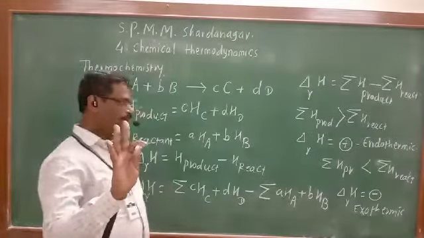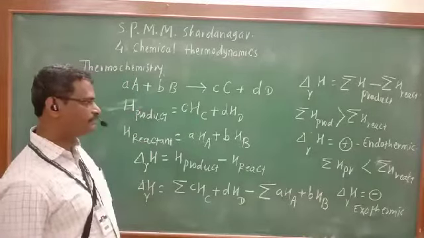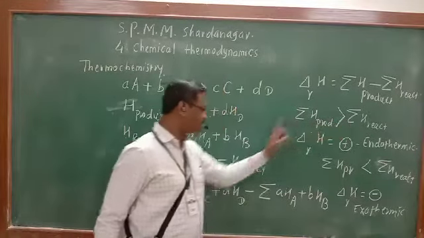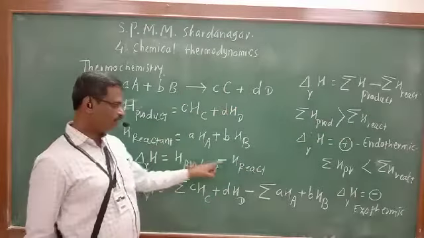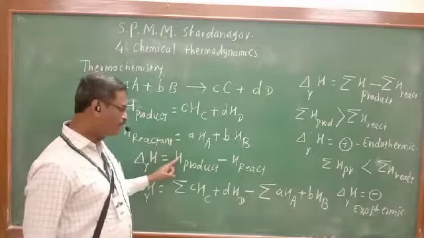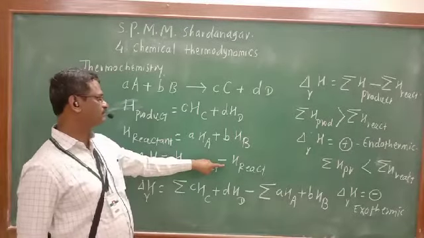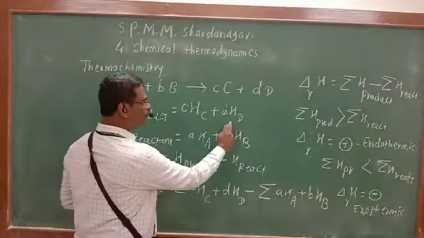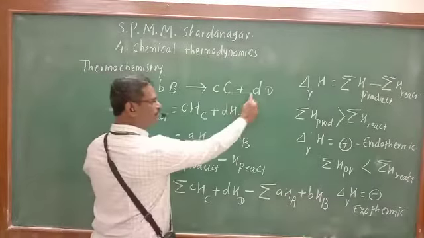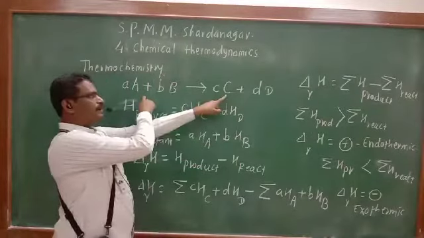So see here, for an endothermic reaction, the heat of reactant is less than product. Product minus reactant therefore comes positive. Product is greater than reactant, meaning the enthalpy of products is greater than the enthalpy of reactant.